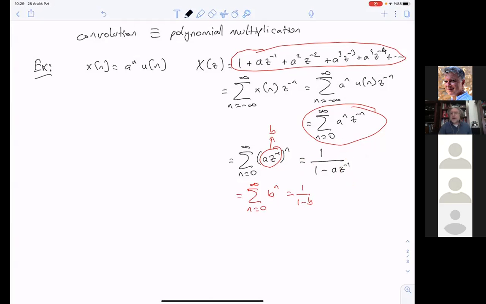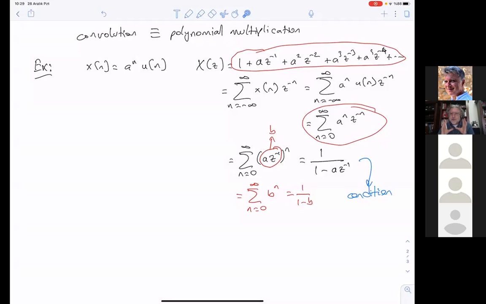But there is a condition on this one. The condition is that it must converge. What is that convergence condition? This b, the red b here, must be between -1 and +1.